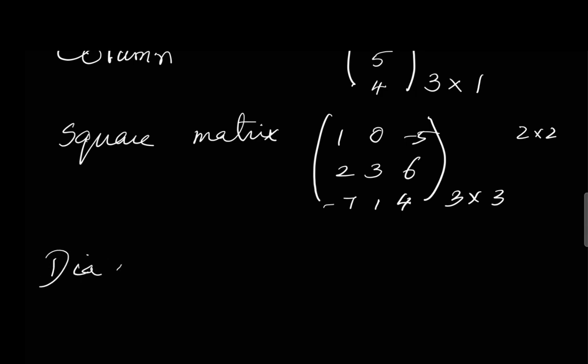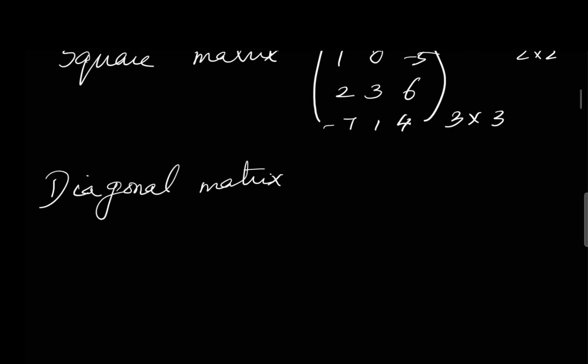Next is the diagonal matrix. In a square matrix, it is said to be a diagonal matrix if all the elements are 0 except the leading diagonal elements.